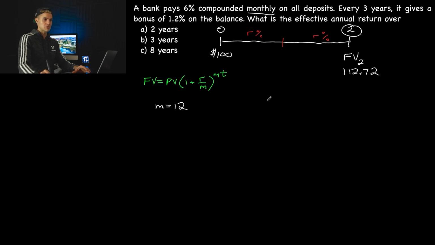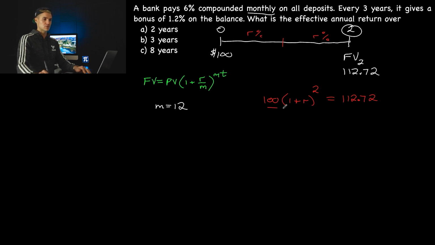We can set this up as 100, what rate to the power of 2 would give us this 112.72. That R is going to be the effective annual return over the 2 years. So what effective annual rate do we have to earn over 2 years for this 100 to grow to this 112.72?